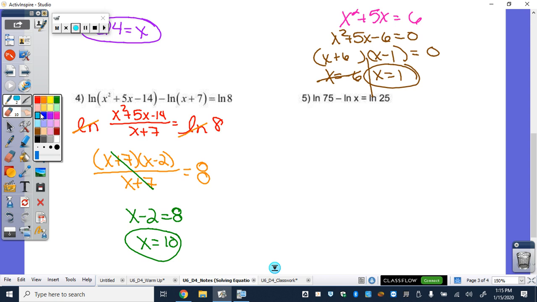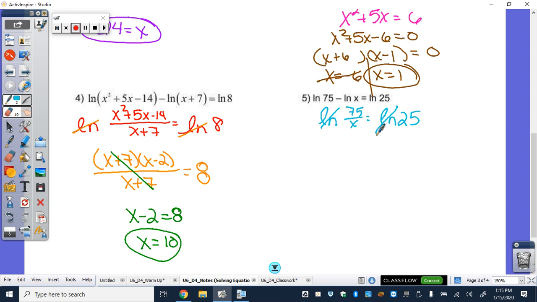Number 5, again, subtracting. So that's division. So I have the ln of 75 divided by x equals the ln of 25. My ln's cancel. A couple different ways again that we could solve this one. So what are you guys seeing?